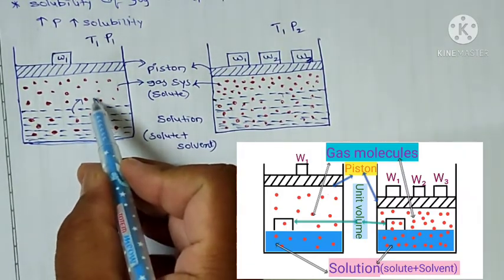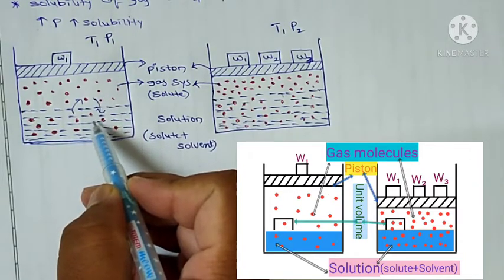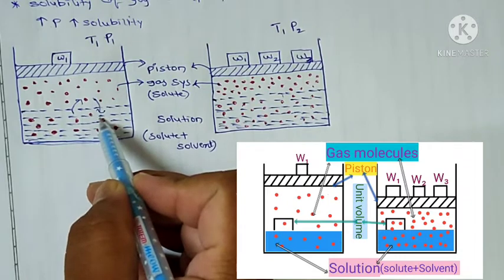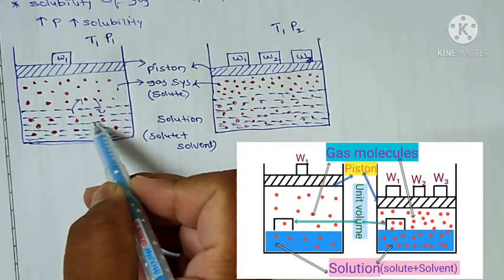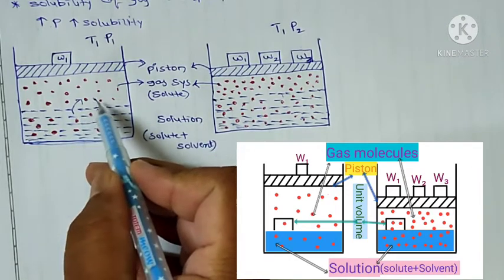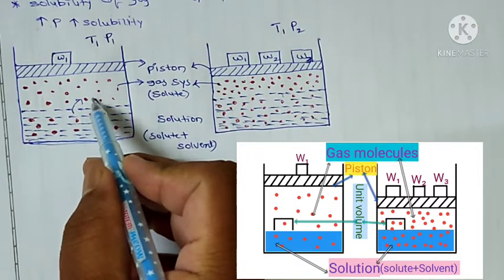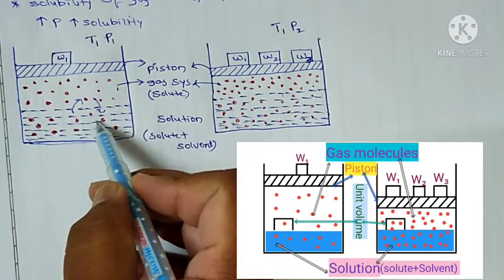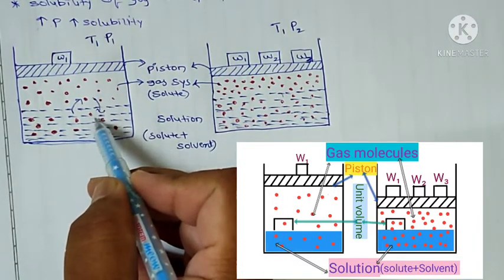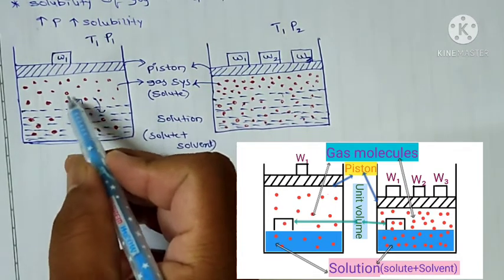Means how many solute particles enter into the solution, the same number of solute particles, the gas particles, leave the solution. For example, 6 solute gas particles enter into the solution, and the same number, 6 gas particles, leave the solution.